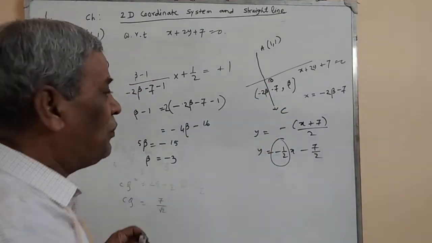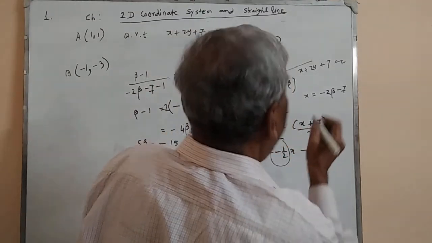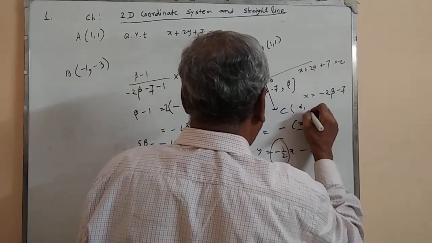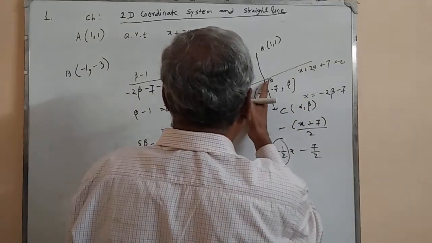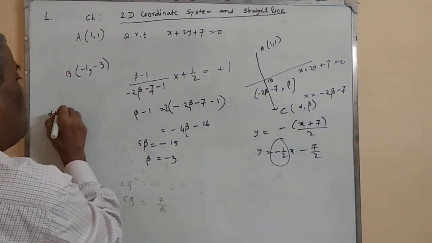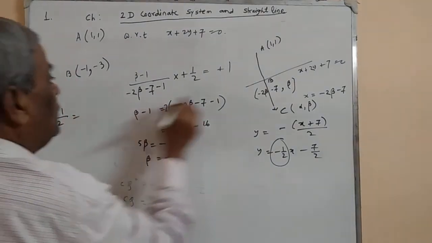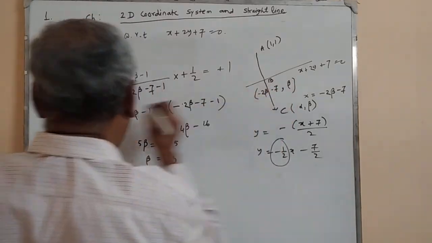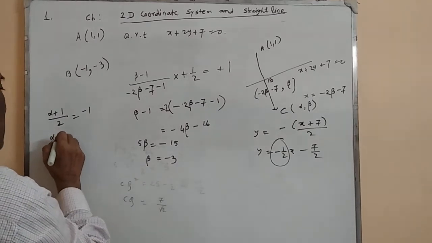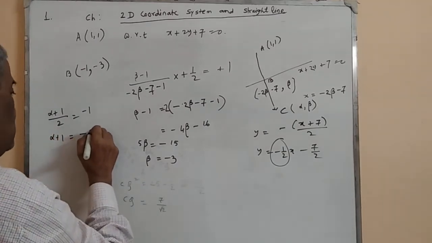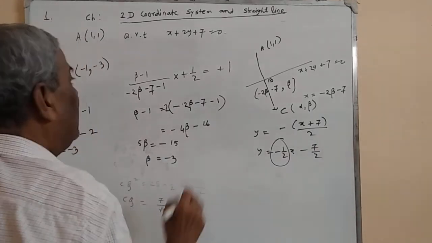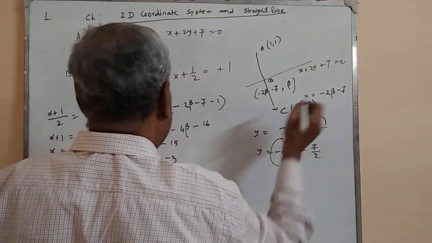Now we have to calculate the coordinate of C. Suppose C is alpha beta and B is the midpoint of AC. Therefore, alpha plus 1 divided by 2 is equal to the coordinate of B, that is minus 1. That is alpha plus 1 is equal to minus 2. Alpha is equal to minus 3. So the x coordinate of C is minus 3.